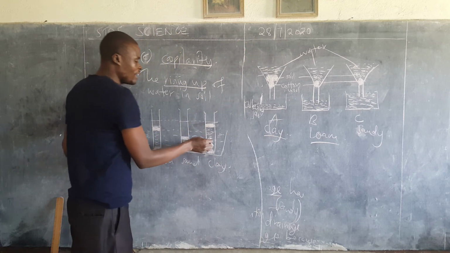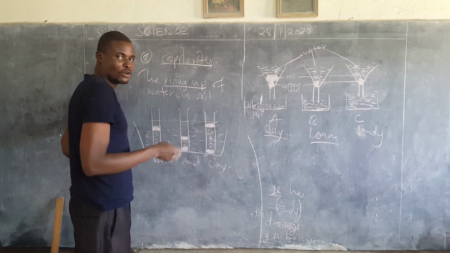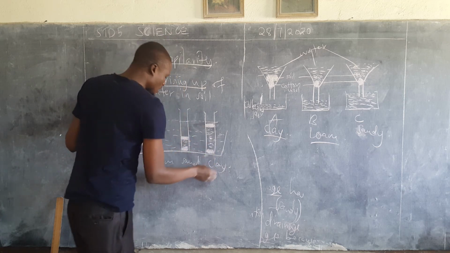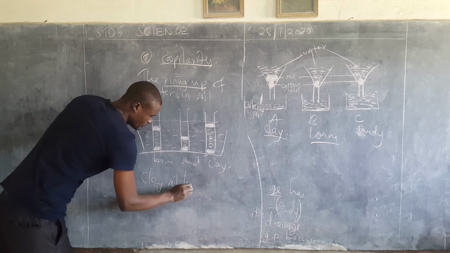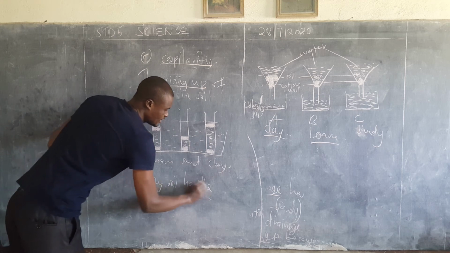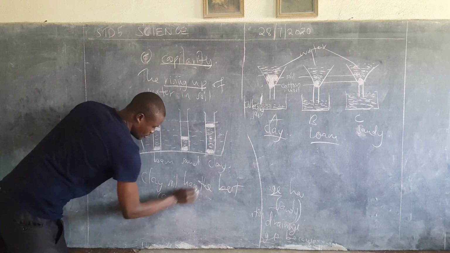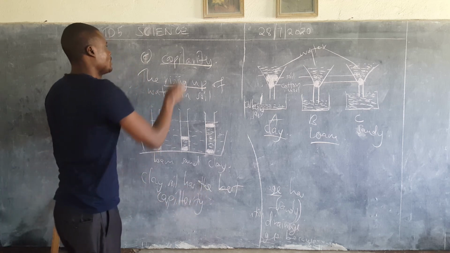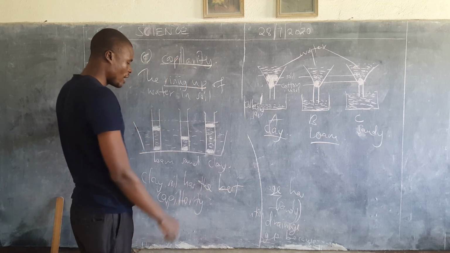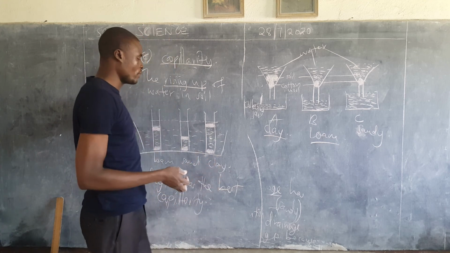So because of the fine particles, Lana, this water will move up very, very fast on clay soil. That's why we say clay soil has the best capillarity. Why? Because of the small particles. It allows water to move up very, very quickly.